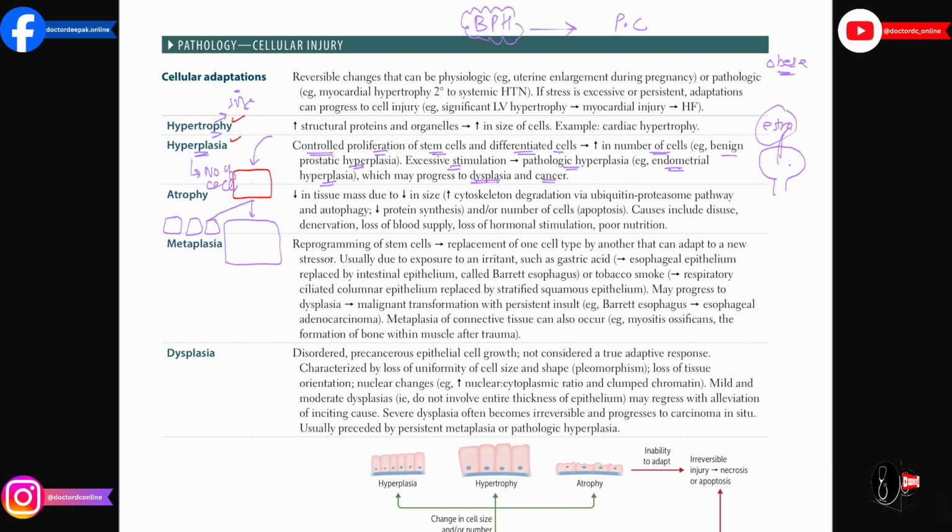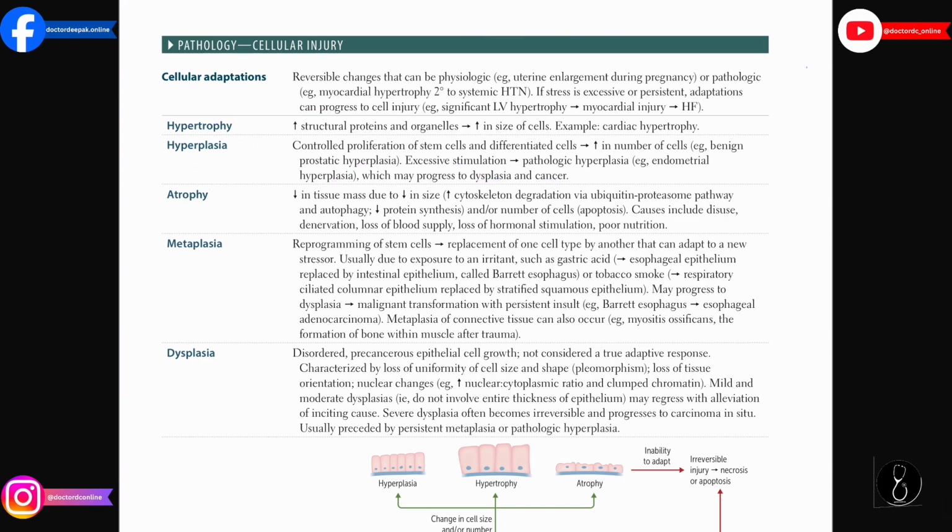So let's now discuss atrophy. Again, what is the definition of atrophy? When there is a decrease in tissue mass. When the tissue mass is decreased, it is called atrophy. Let's suppose this is an example of any tissue. If you put any kind of stress on it, as I already told, there are certain kinds of changes in the cell.